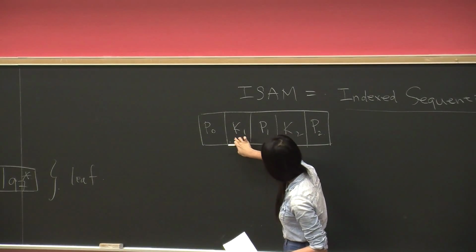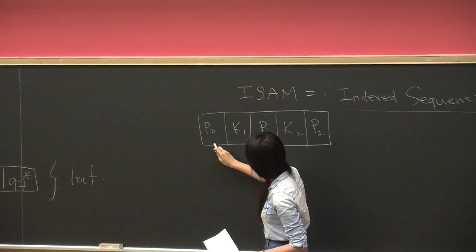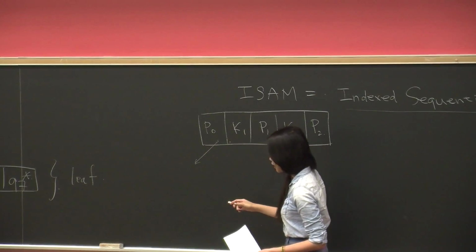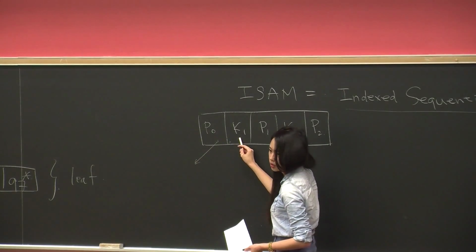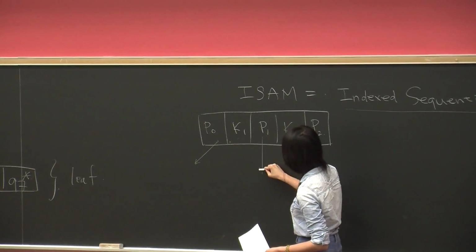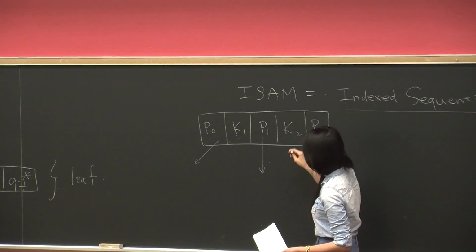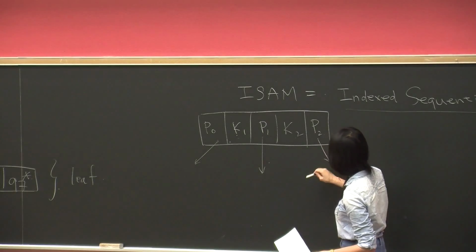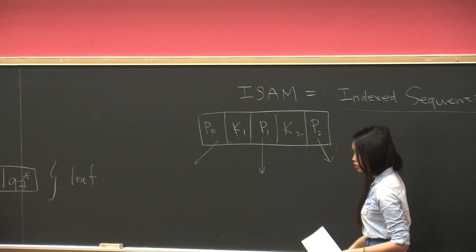When we have a key K1, the pointer P0 on the left points to the pages where the values are all smaller than K1. P1 means the values between K1 and K2. And P2 means all the values pointed to are greater than K2.